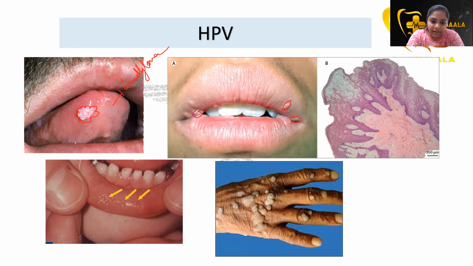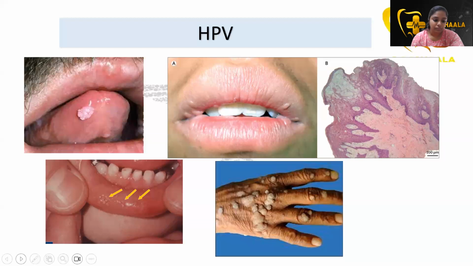These are not white, but they are flat lesions, so they can be suggestive of focal epithelial hyperplasia. And these are the warts. Warts is verruca. Okay, so these are the important images you can keep in mind.